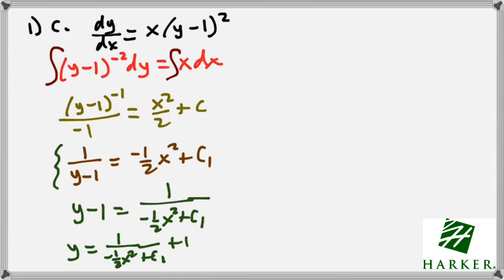Not that complicated. Now, I do need to find c1 for the next part of the problem. For part D, it says that f of 1 equals 3, or was it f of 3 equals 1? Can't read it. f of 1 equals 3. So that means if x is 1, y is 3.